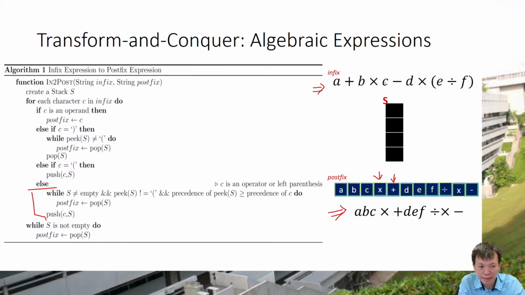If you look at the process carefully, you will find that this operator stays at the bottom of the stack all the time until the end, because it has a lower order and because of the left to right rule, so you end up with this at the bottom.